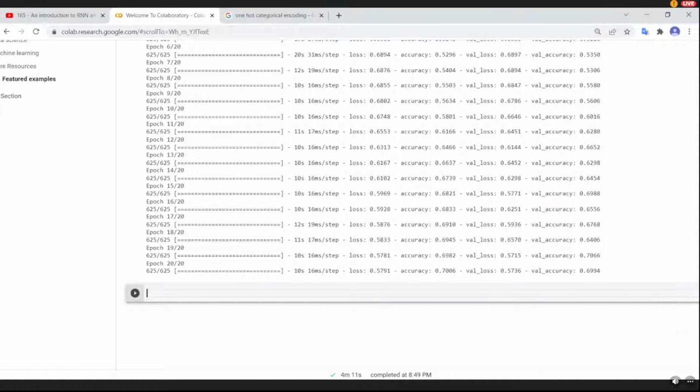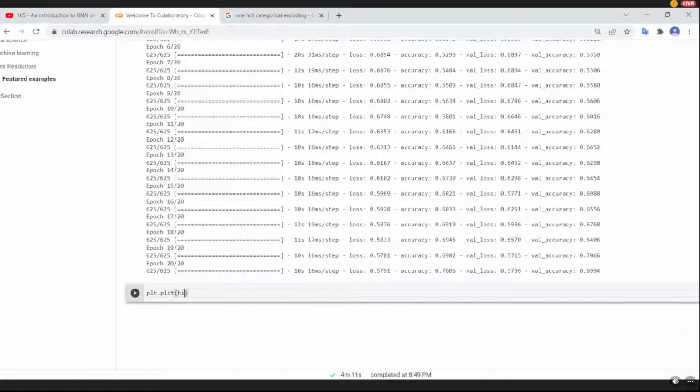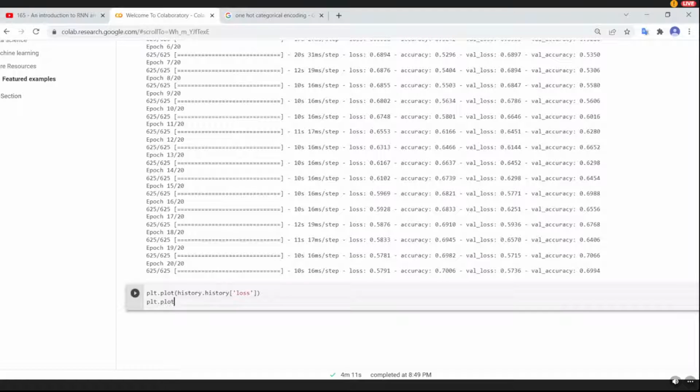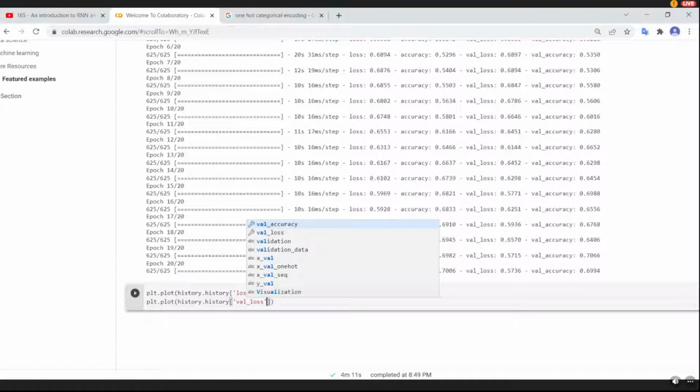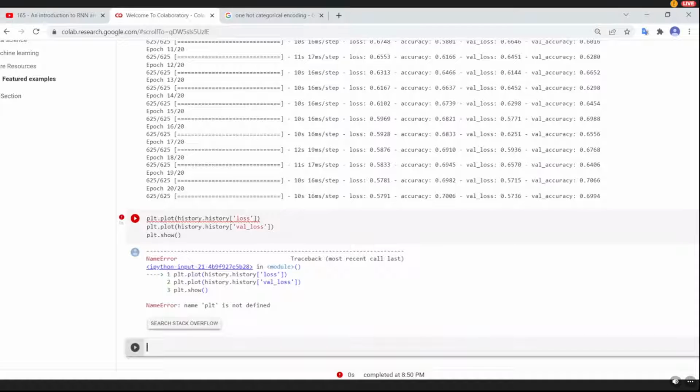In order to see our loss first, let's use plt. plt stands for matplotlib. plt.plot history loss, plot history val loss. plt is not defined.